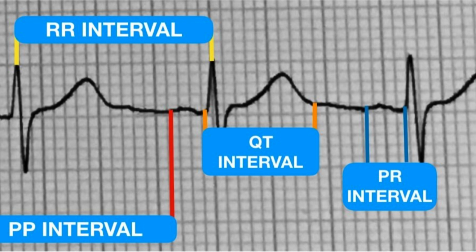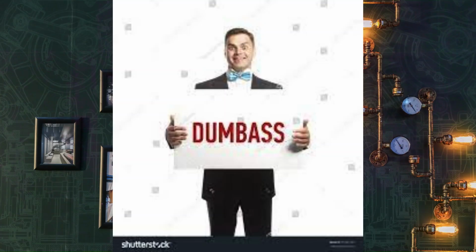It is called the QT interval. And the second interval is the PR interval. PR interval includes the P wave and the PR segment, and that's it. Again, it should be called a PQ interval because it ends before the Q wave starts, but again, it's misnaming, so don't let the name confuse you.